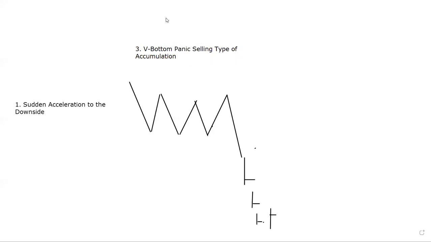Now the difference between both is that you will have the same big volume here. And this bar will have this volume, let's suppose huge volume. And as we go down, this second bar will have higher volume than this one. Effort versus no result.